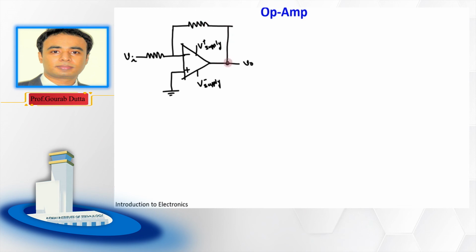That means whatever is the output voltage, some part will also go to this input part and is connected with the inverting terminal, right? And let us say the value of this resistance is R1, the value of this resistance is R2. Fine? Okay.